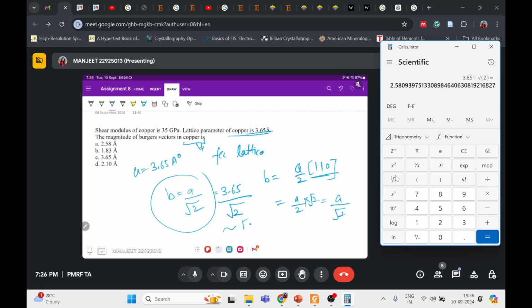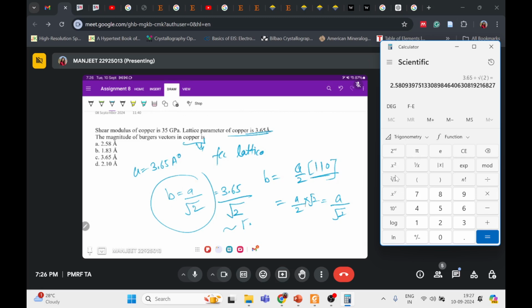So b, the magnitude of the Burgers vector in copper, is a by 2 of 110. If I take the magnitude, it will be root 2, and once I put in the value, b equals a by root 2. Substituting the lattice parameter, we get around 2.58 angstrom. Because copper is in the FCC lattice.